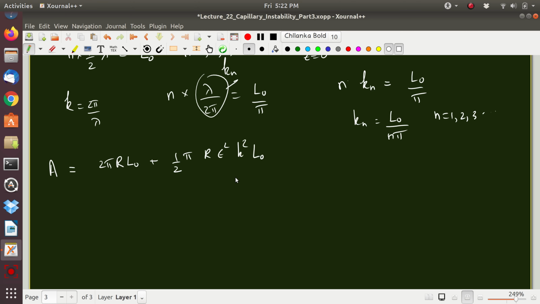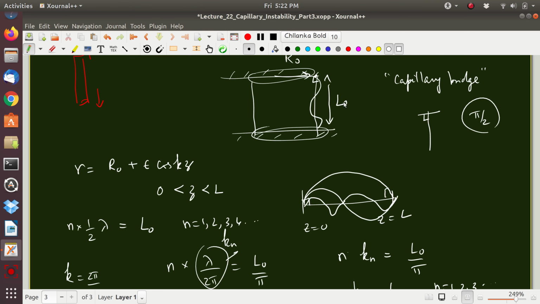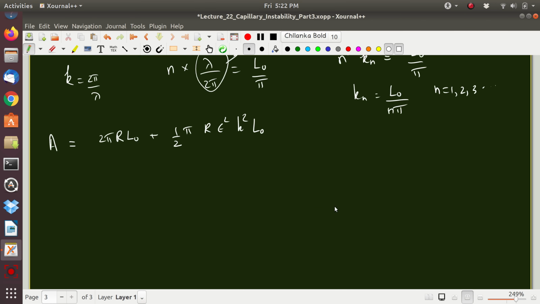L0 is the length of the cylinder. And the volume is pi r squared L0 plus half pi epsilon squared L0, but this is also the same as pi r0 squared L0. This is the conservation of volume. This gives us a relation between r and r0.